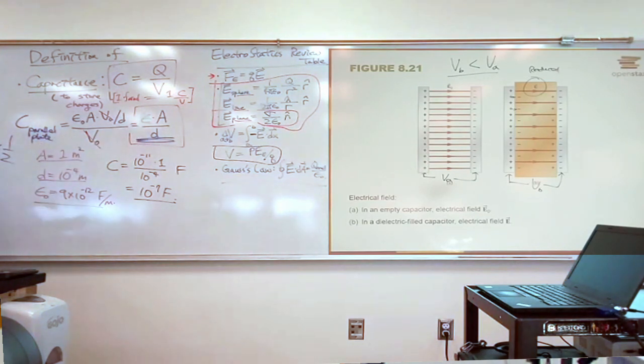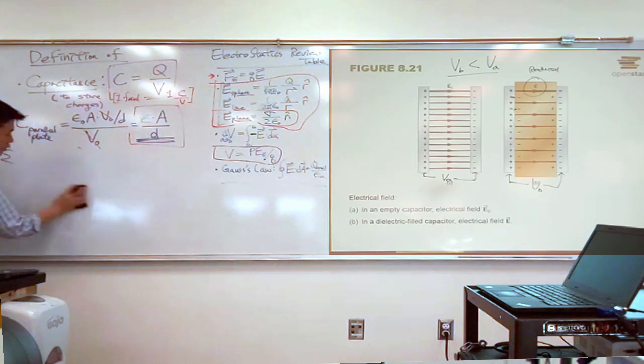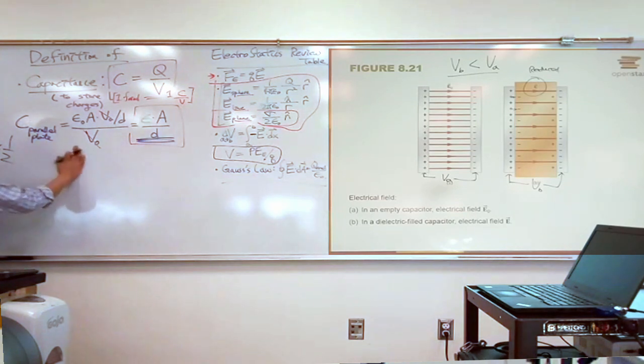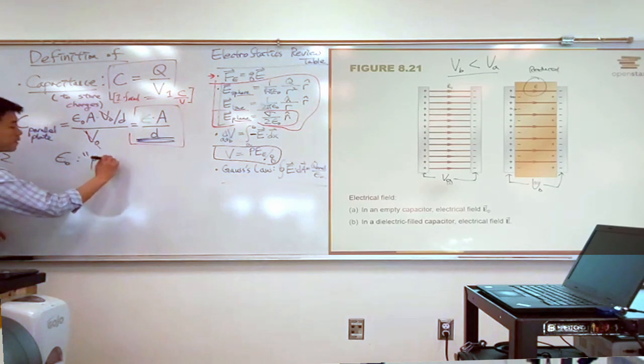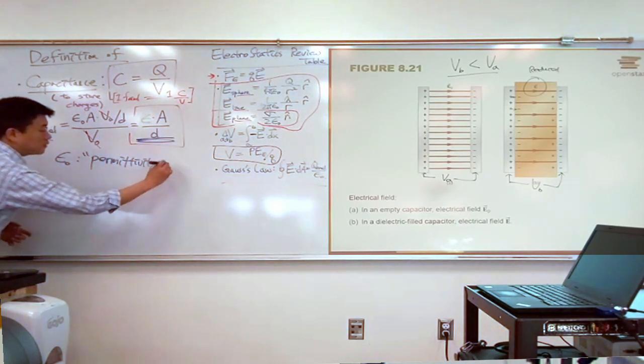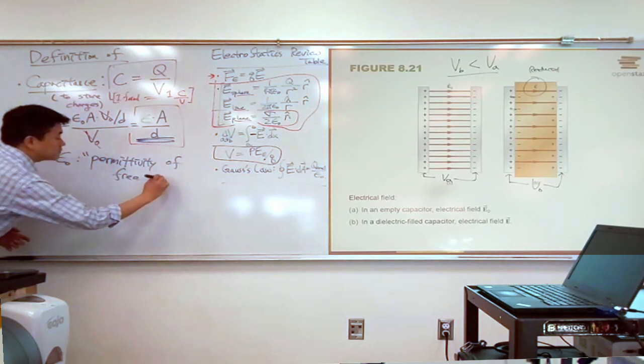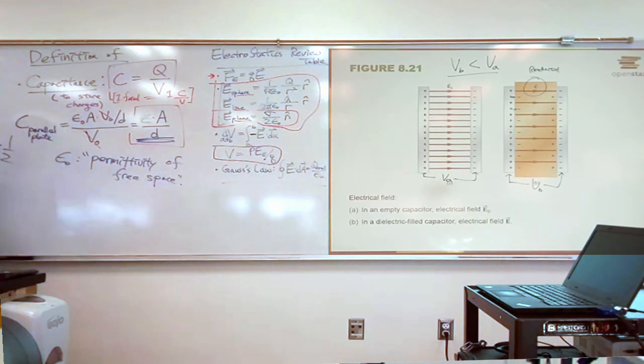I think I have enough time to say this last piece of explanation. When you were looking up physical constants, you saw this phrase. When you look up epsilon naught, this is the name that you see in the textbook. This is called permittivity of free space, right?